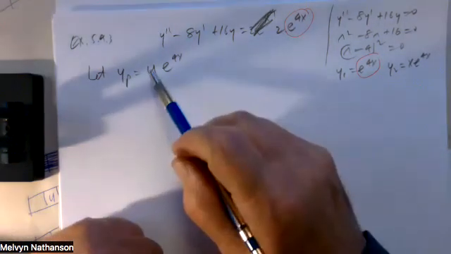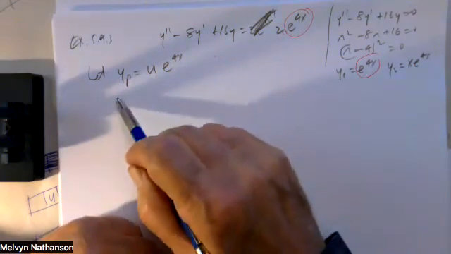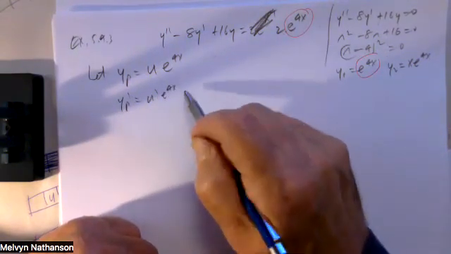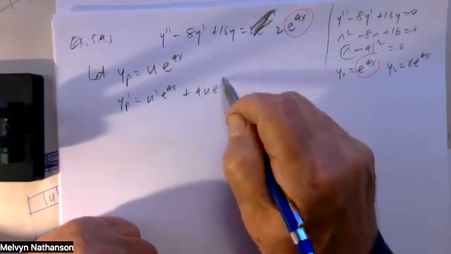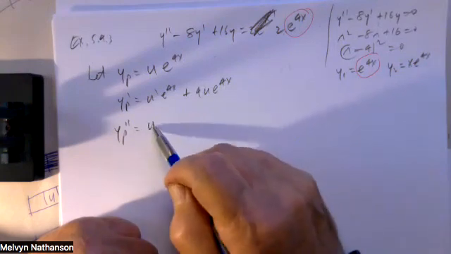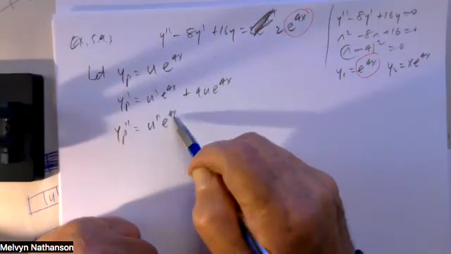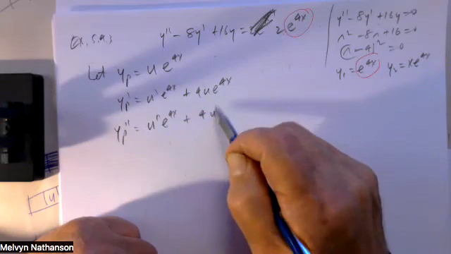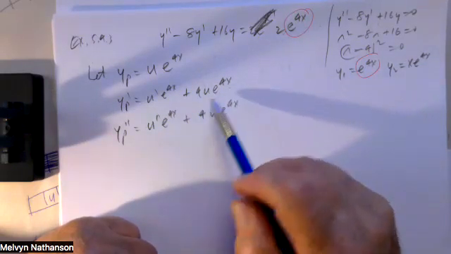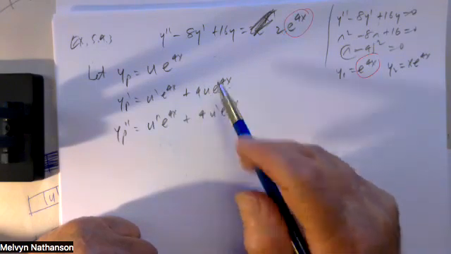So this is y_p. Its first derivative is u'e^(4x) + 4ue^(4x). The second derivative is u''e^(4x) + 4u'e^(4x), plus, when I differentiate this, I get another 4u'e^(4x).